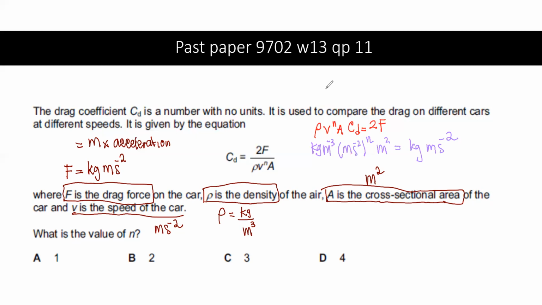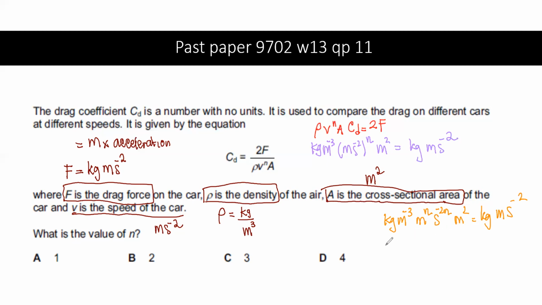Now we can simplify the units on the left-hand side. Kilogram meter minus 3, meter to the power of n, s minus 2n, meter square equals kilogram meter second minus 2.